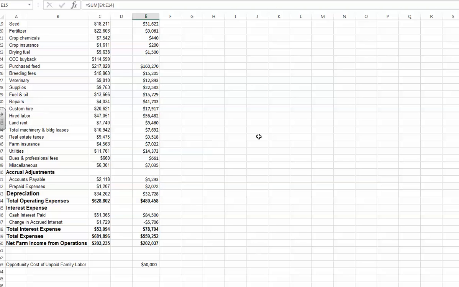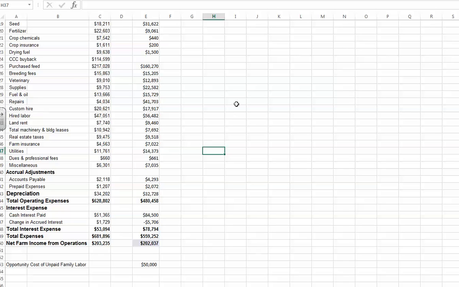If it was an incorporated business, that's a completely different topic, because then there would be a salary for the owner operator. But if it's just a sole proprietorship, there's no labor under expenses for the owner, the operator. Where it says hired labor, that's when he went and hired someone else. So when you get this farm income from operations, this 202,000, it's actually paying the owner for the fact that he's got money invested and for the fact that he put labor out there.